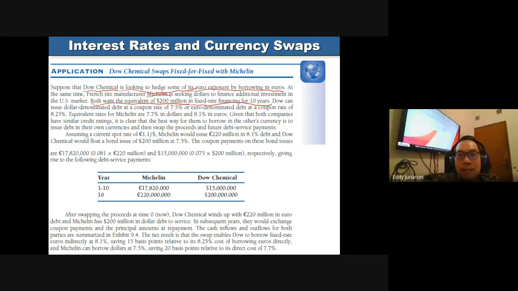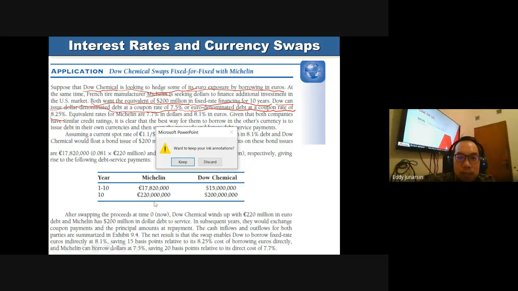Here's the thing, right? If Dow Chemical borrows at home, right, in the United States, it could borrow at 7.5%, right? But if it goes to Europe and borrows there, it will have to pay 8.25. So let's write it down here.